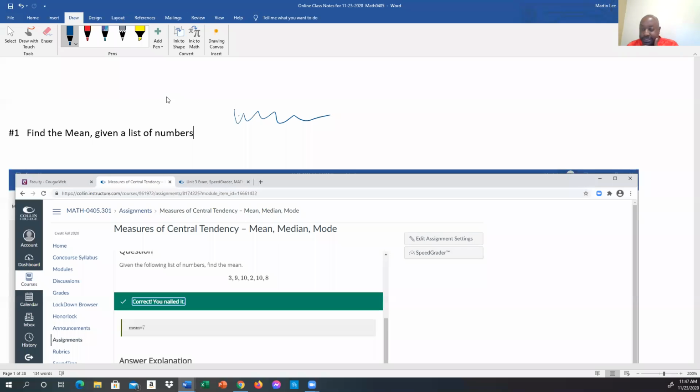Okay, Marcos, did you see the line I just drew, the stuff I'm drawing, and where it says find the mean given a list of numbers? Yes. Okay, okay.